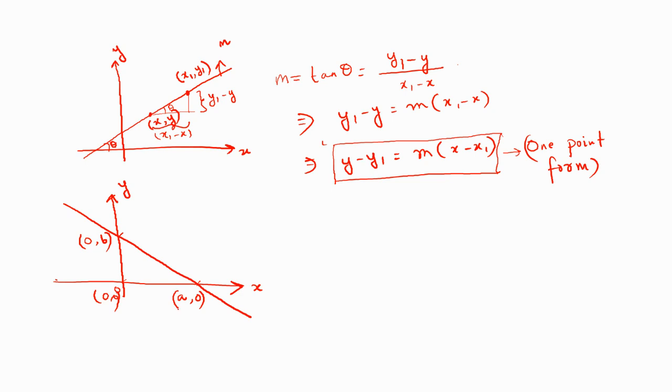So what will be the equation of this straight line? We know this is a and this is b. Let's take a point x comma y here.